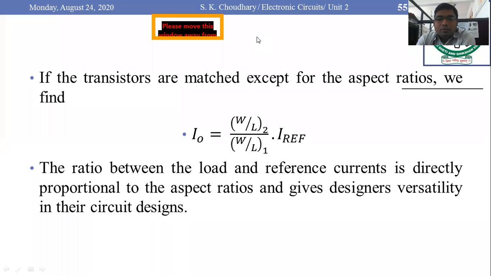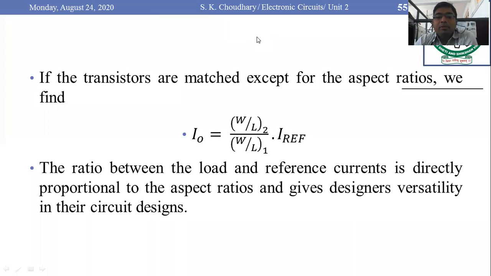In the last lecture, we have discussed the current mirror circuit, some basic current mirror circuits, and the relationship of the currents between input and output.